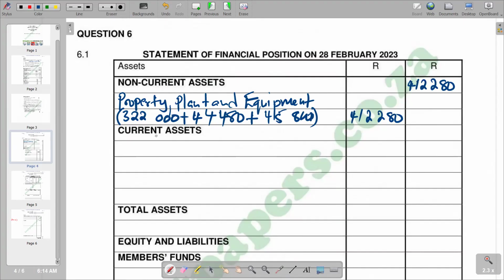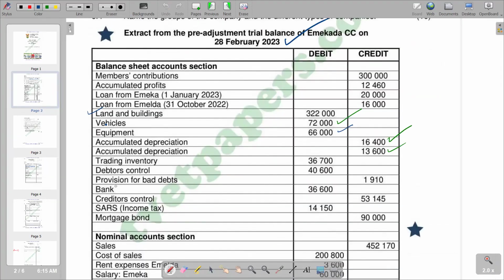So from there, we move on to our current assets. For our current assets, obviously, we start with the figure for trade and other receivables. That's the first item that we put there. For trade and other receivables, I will check the figure for the debtors control. We have got 40,600. And remember, we have other receivables.